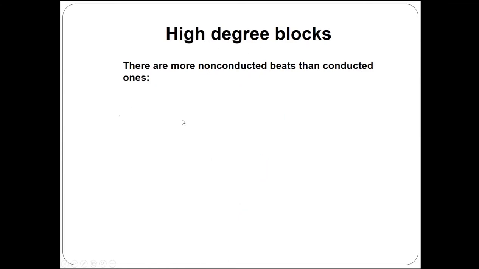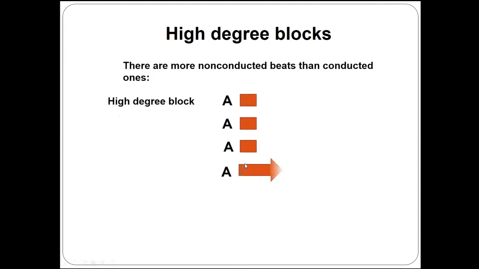High degree blocks means we have many more unconducted beats than conducted ones. So how can the patient survive this situation when they have mostly no conduction between the two areas? We have to have a lower pacemaker center, and an escape rhythm is going to save the life of the patient. As you see here, no conduction, no conduction, no conduction, some conduction, no conduction.